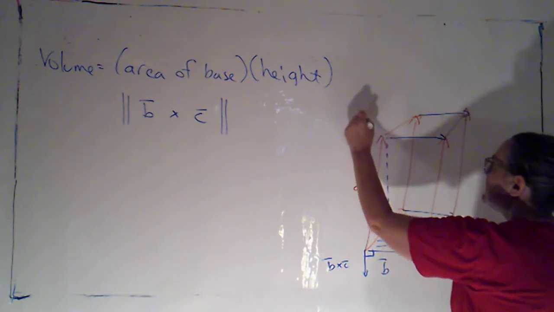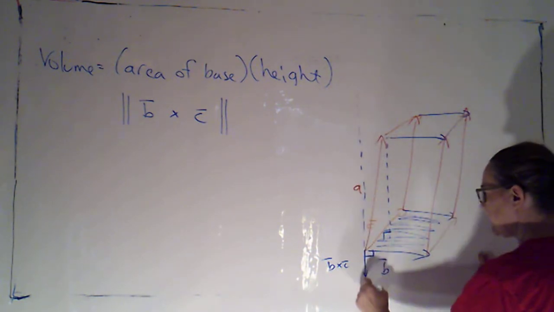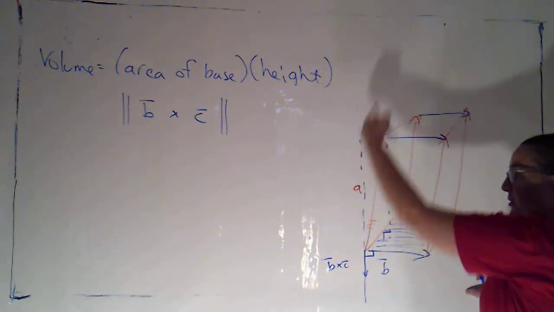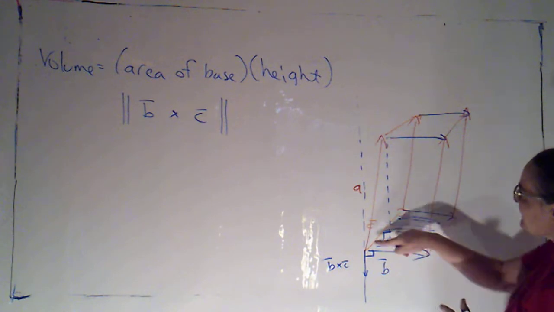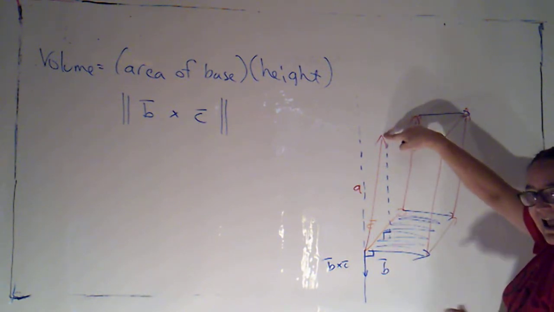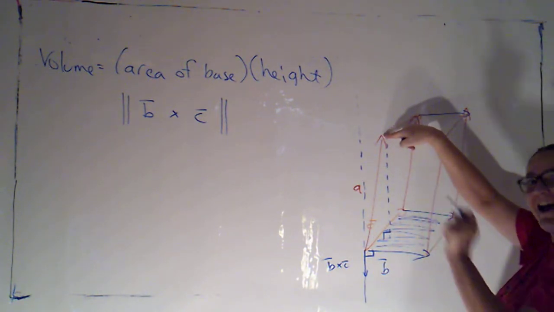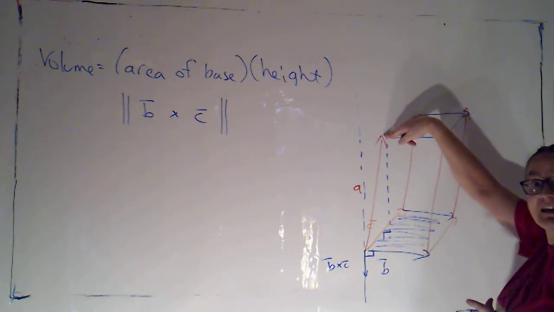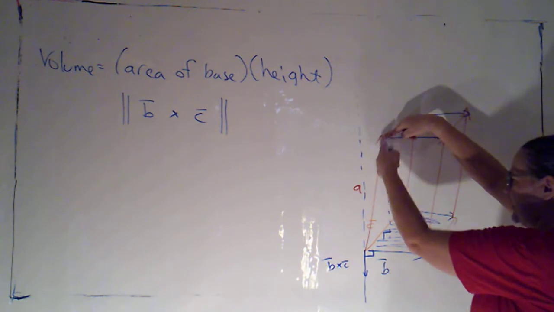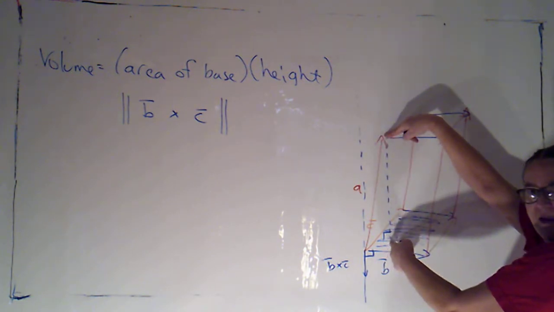Now, it determines a line here that would also therefore be perpendicular to that base. And I know that if I take A and I project onto B cross C, I'm really just projecting onto that line. Now notice, I said what we want to do is drop a perpendicular down to the base here.